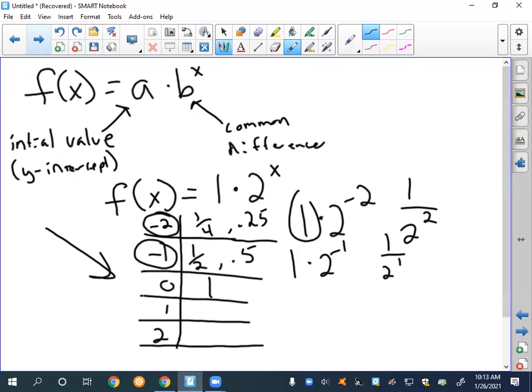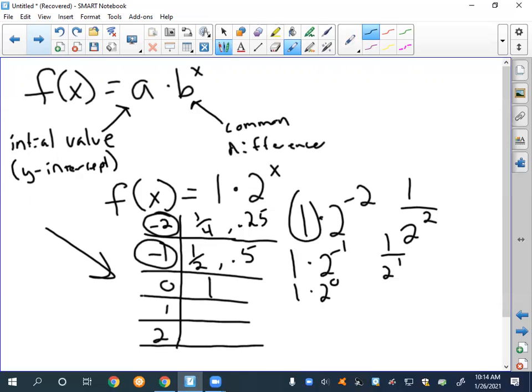Let's check. We already know 0 is 1, but let's just check and see if that's true. If I plug in 0 for x, well, what is anything to the 0 power? 2 to the 0 is what? Remember our rule? Anything to the 0 power always equals 1, and 1 times 1 is 1. Yay, it worked.